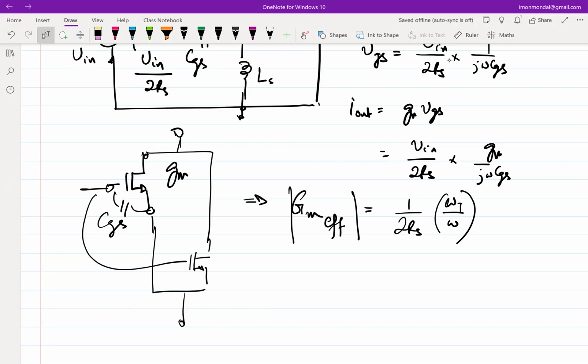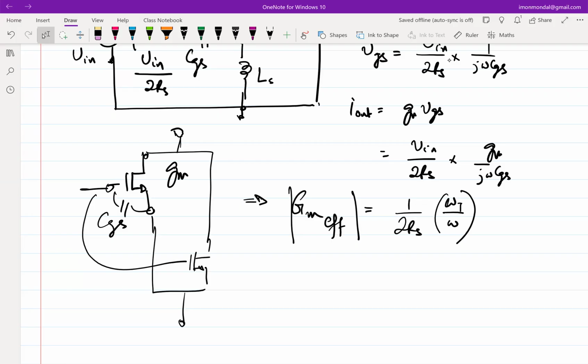It doesn't change. Your GM, what happens? Increases or decreases? Okay, increase, decrease sounds similar. So goes up, goes down. Goes up. If you decrease V overdrive, why should the GM go up?